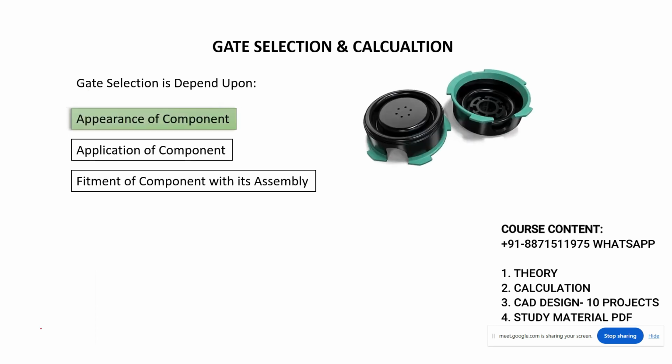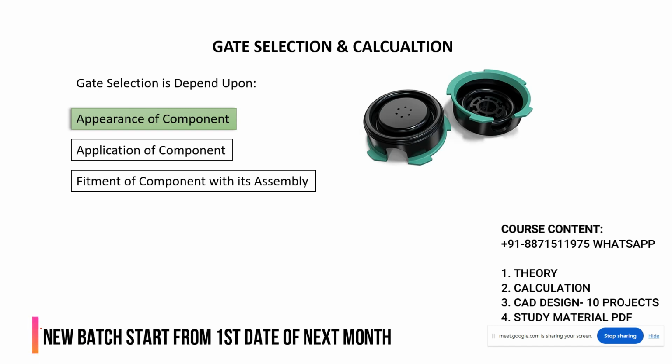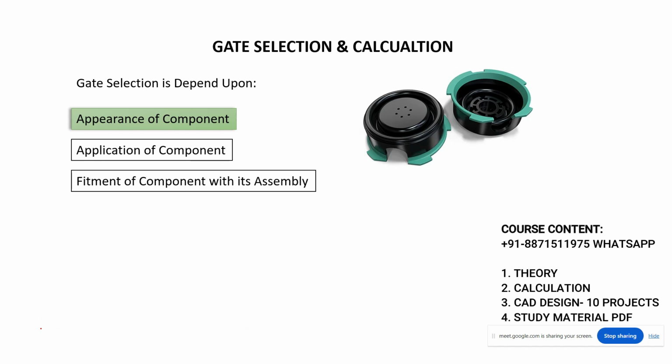What is the meaning of appearance? First of all, if we are dealing with plastic material, the appearance should be satisfying for the customer, or for anybody.